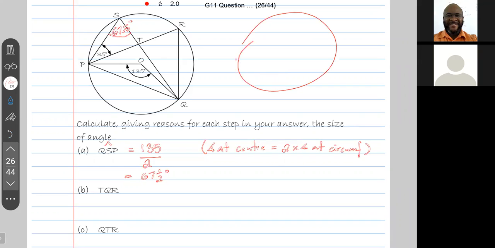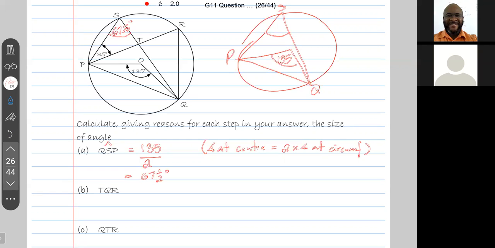You have a chord. One angle goes to the center. This is 135. And look at this now. The other one starts at P. This is P. This is Q. Start at P, go up to the circumference, and then come back down to Q. This is S.